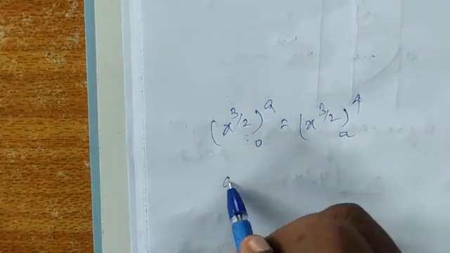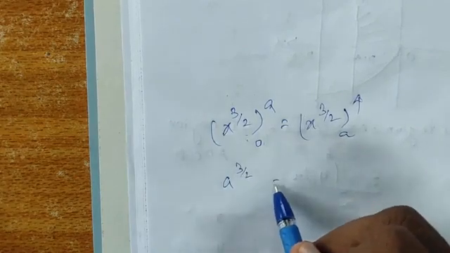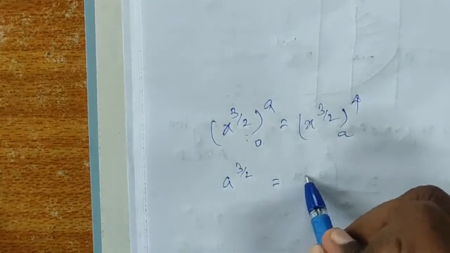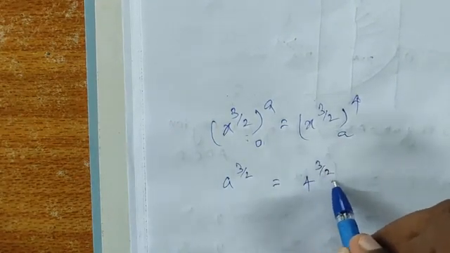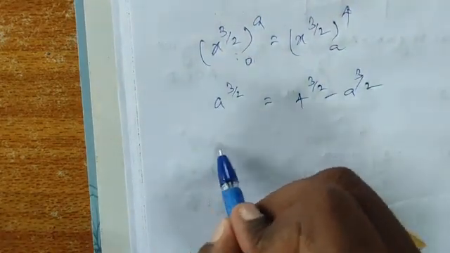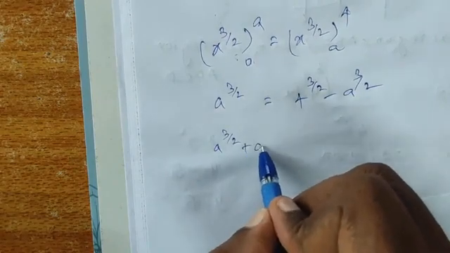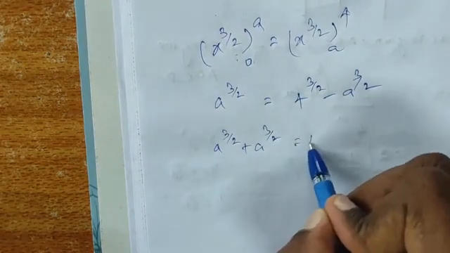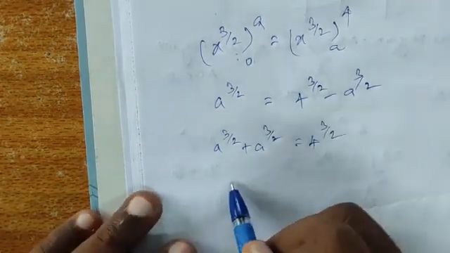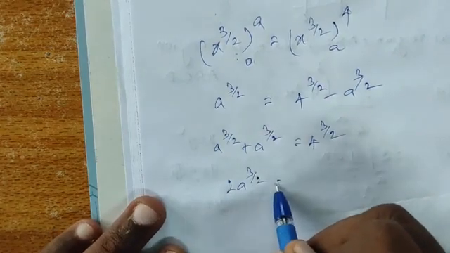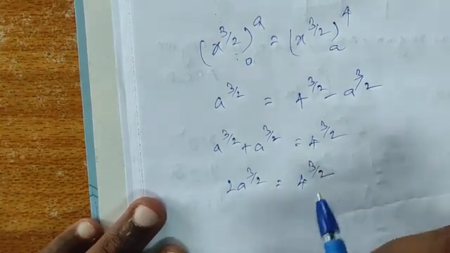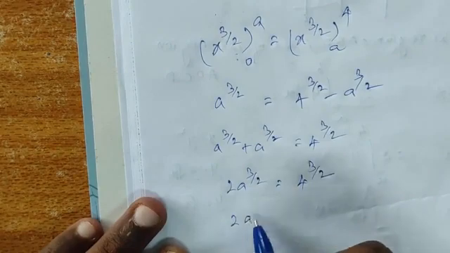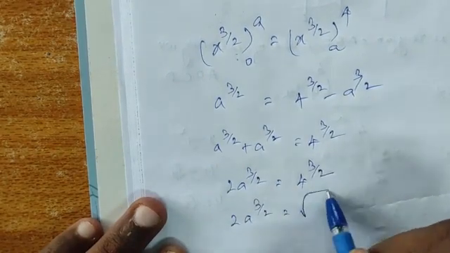Apply the limits. a power 3 by 2 minus 0 is equal to 4 power 3 by 2 minus a power 3 by 2. So a power 3 by 2 plus a power 3 by 2 is equal to 4 power 3 by 2. So 2a power 3 by 2 is equal to root of 4 cube.